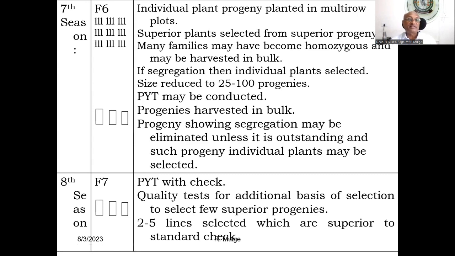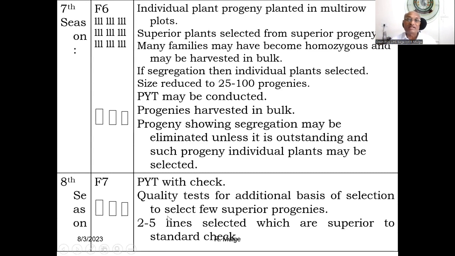Collected seeds are raised in the next season, that is the 8th season, and you refer to it as the F7 generation. And here, yes, a preliminary yield trial with check. Now the commercial check you have to grow along with your material, and it is now in blocks. You have the block. Quality tests are an additional basis of selection.